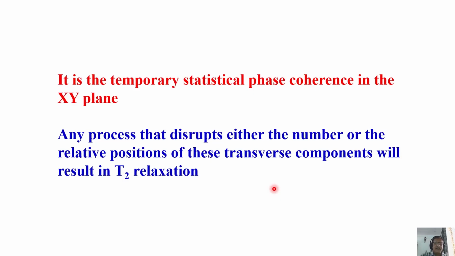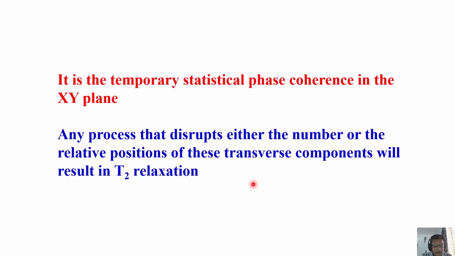And the process which disrupts this phase coherence, either the number or the relative positions of the transverse components, will result in what is called T2 relaxation. There can be some number of processes. I'll tell you as we go ahead. For the spins to disrupt this type of coherence, okay?